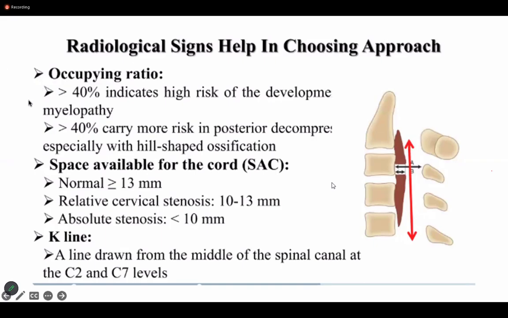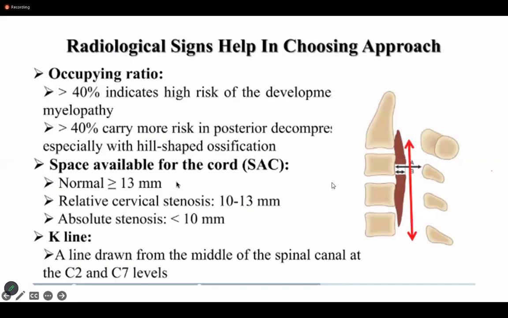The first is the occupying ratio. When this number is more than 40%, it indicates high risk of developing myelopathy and more risk with posterior decompression, especially with huge ossifications. And the second number is SAC, the space available for the cord.